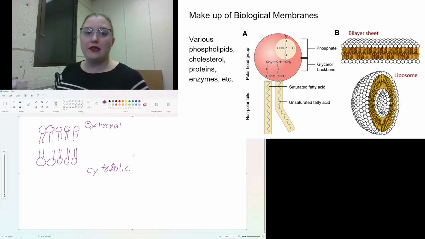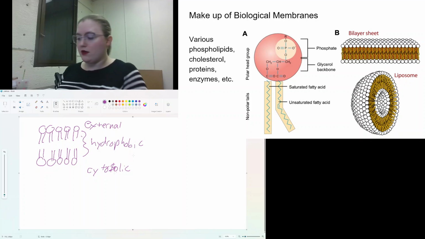Okay, this internal space is where those hydrocarbon tails are located, right? And so those hydrocarbon tails are very nonpolar. So this region is hydrophobic.